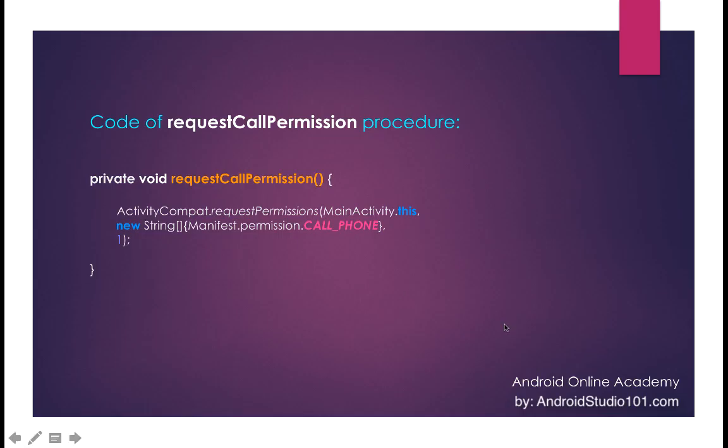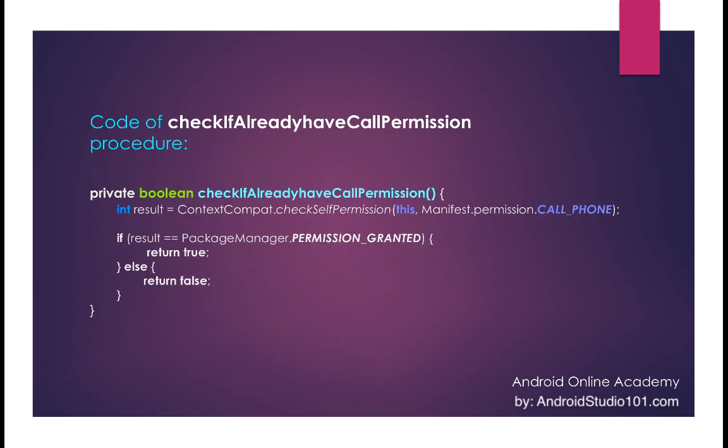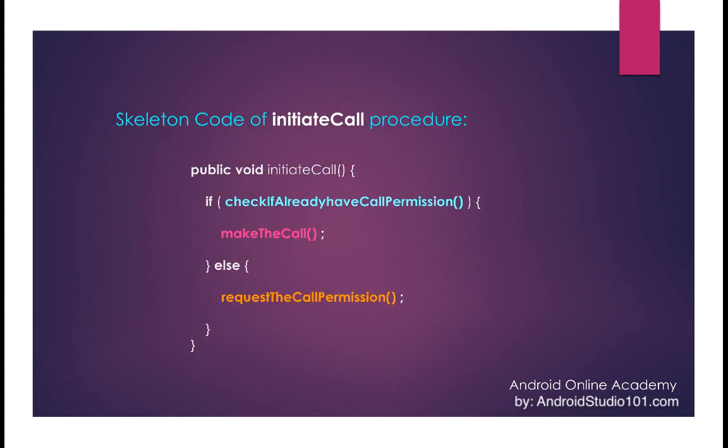Okay, so on the procedure for request call permission, what's our previous one? Check if already have permission. If it returns false, for example, what was returned by this procedure is false, our initiate call would call this procedure, request call permission.